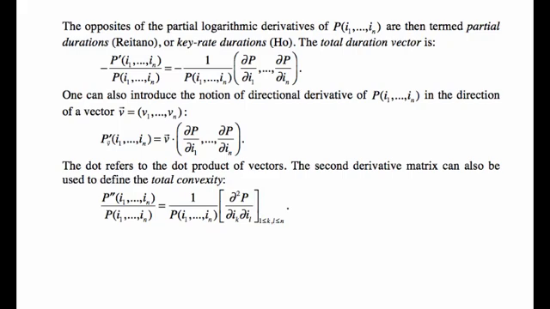The second derivative matrix can be used to define total convexity, which consists of all second mixed partial derivatives of P with respect to ik, ij, where k and j are all numbers between 1 and n. This whole thing is divided by the price, so that in the matrix you basically have all these second mixed partials, each one of them divided by the scalar price.